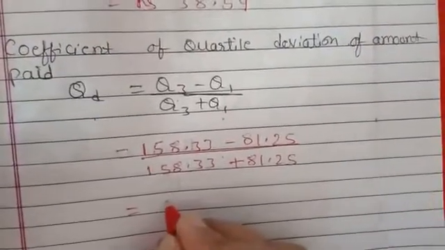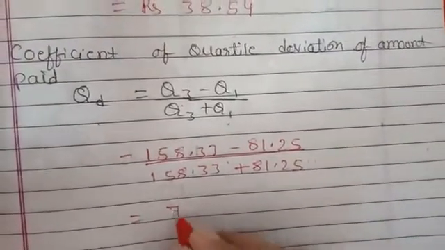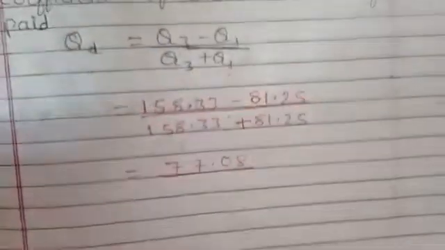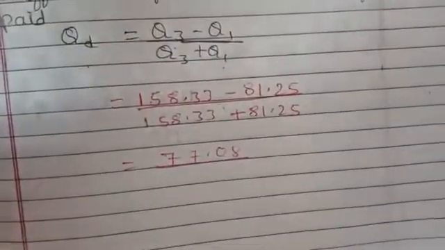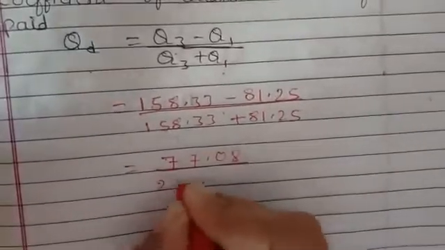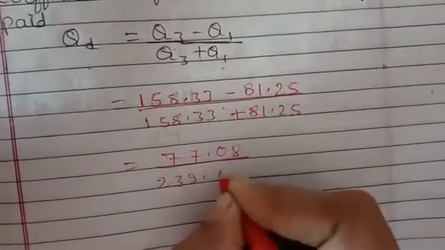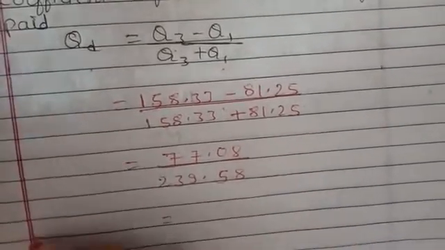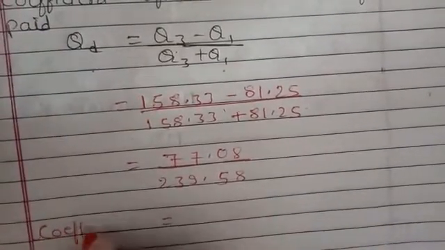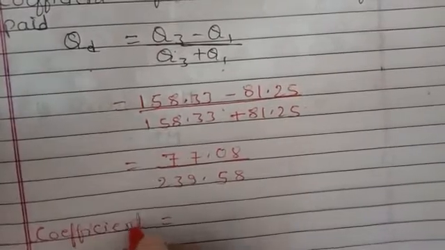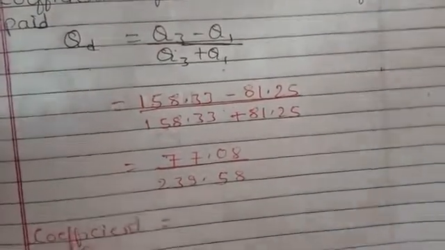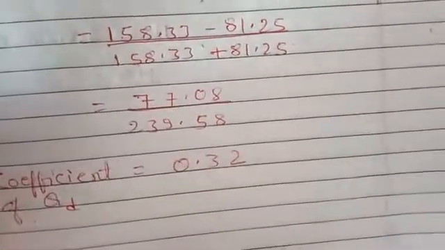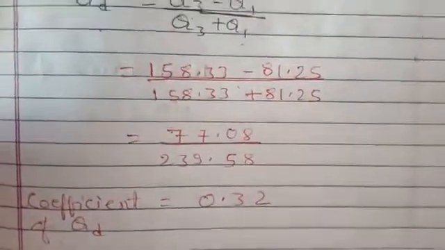So your answer will come to 77.08 upon, and when you add, we will get our answer as 239.58. So now divide it, and we will get the coefficient of QD, that is equal to 0.32. That is my coefficient of quartile deviation.